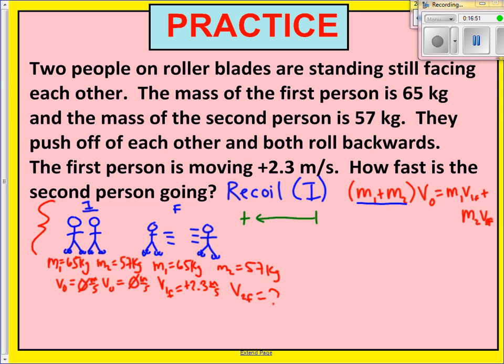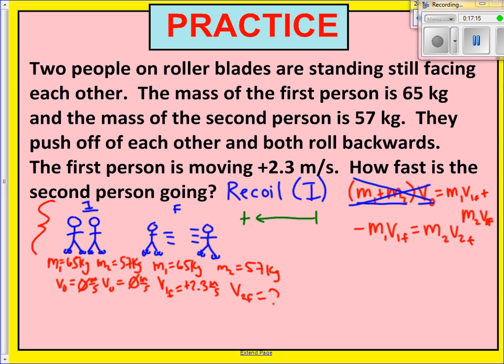Their initial velocity is 0, so that makes this go away. So if we rewrite the equation, we end up getting negative mass 1 times the final velocity of person 1 is equal to the mass of person 2 times their final velocity.